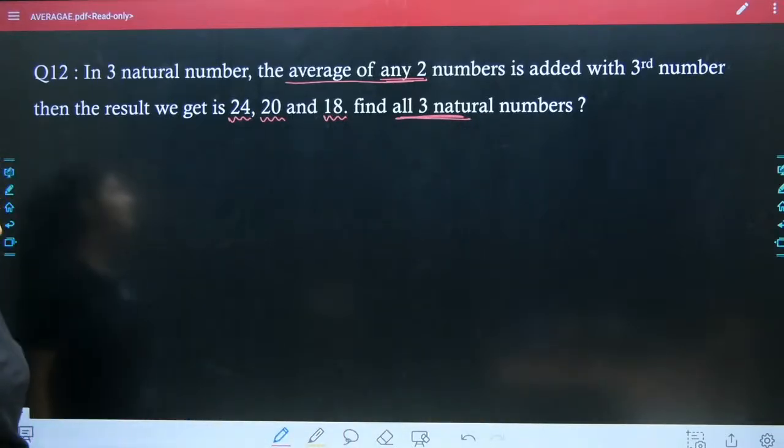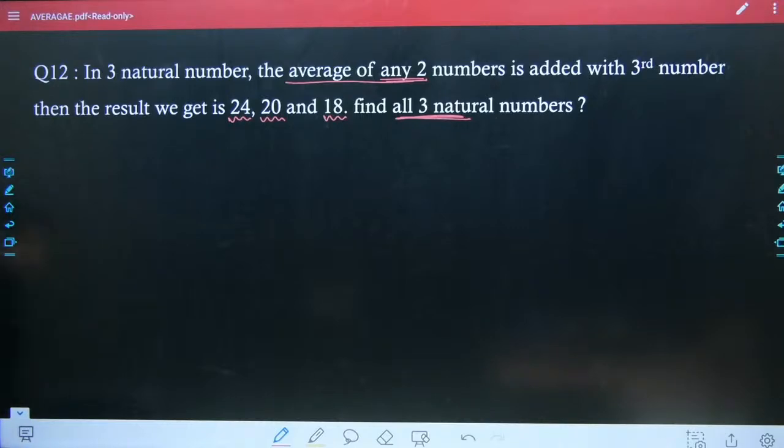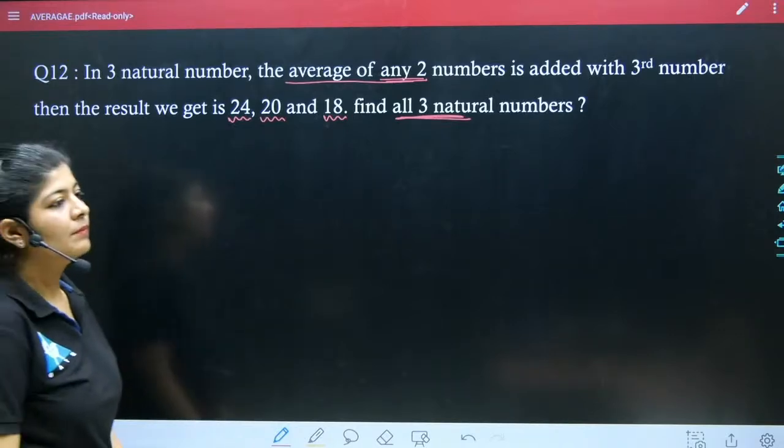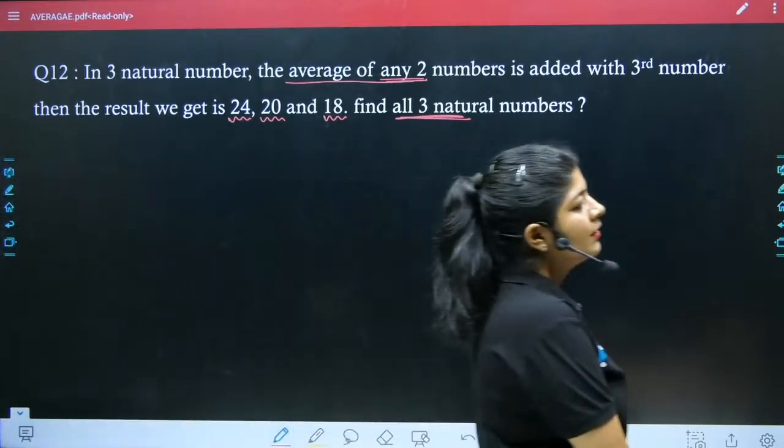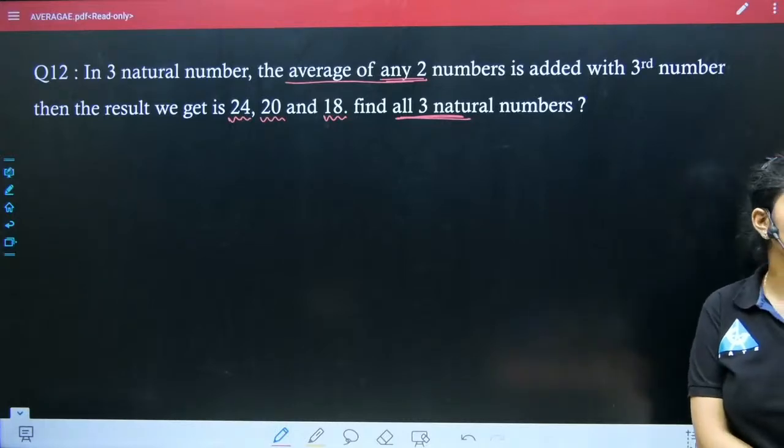How do we solve this particular question?